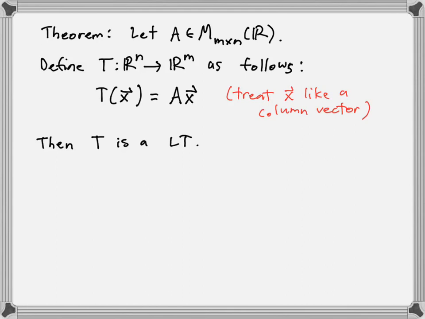Before we do the proof here, let me summarize what I'm saying. We're saying that if we take a vector and left multiply it by a matrix, this is a linear transformation. Also, do the dimensions work out? Yes, because I want you to notice something. A is an m by n matrix.